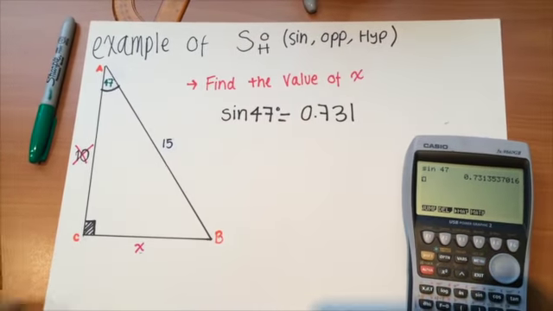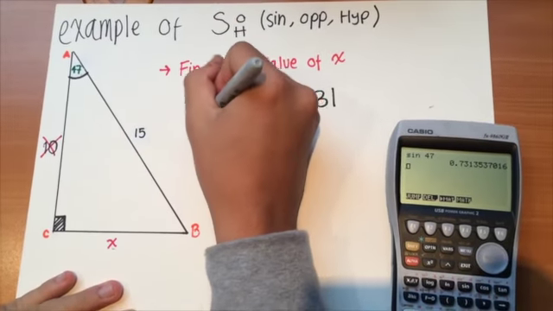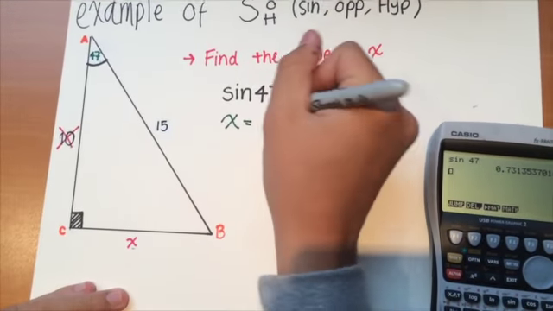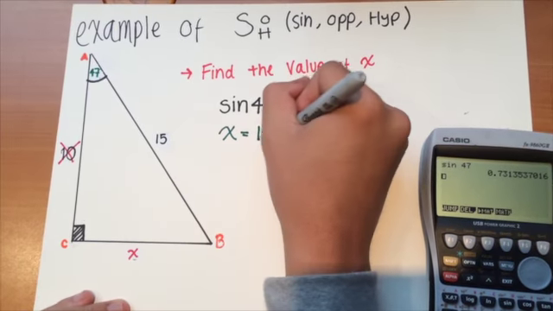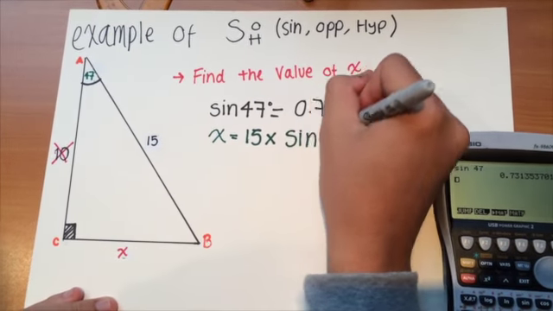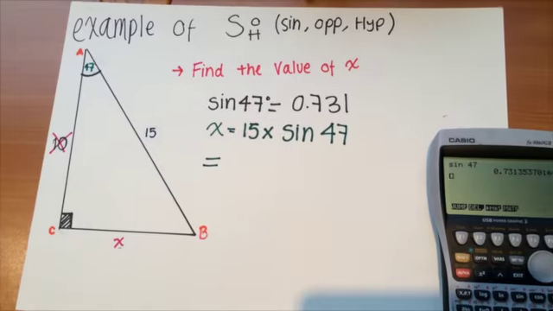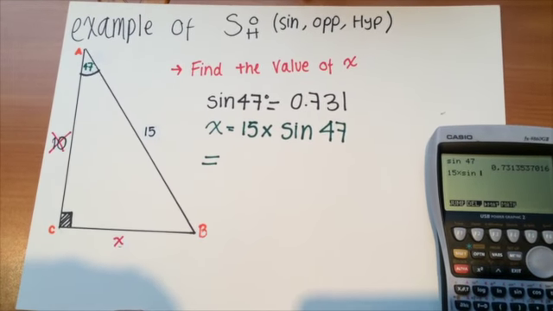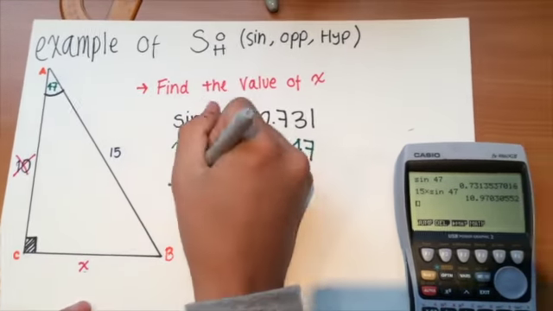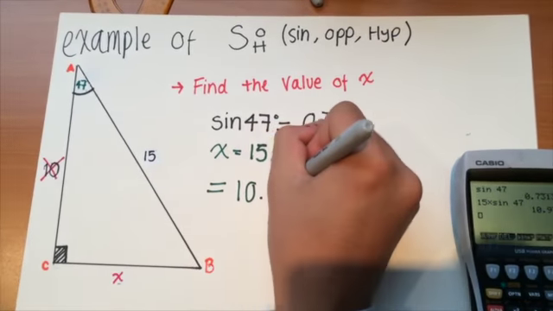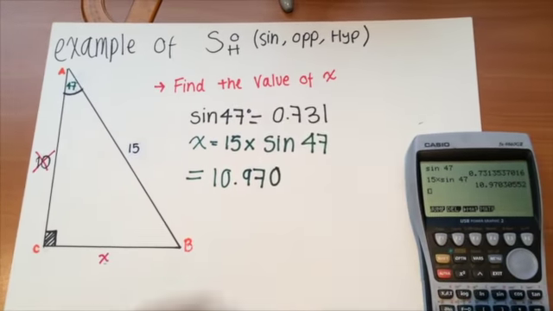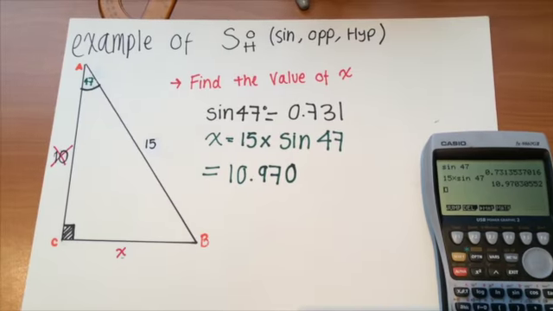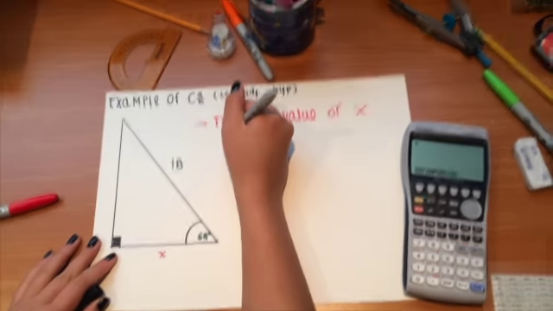X in this case is the opposite, so we solve sin 47 in the calculator, which equals 0.731. Then we multiply sin 47 times 15, which is 10.970. This is the value of x.